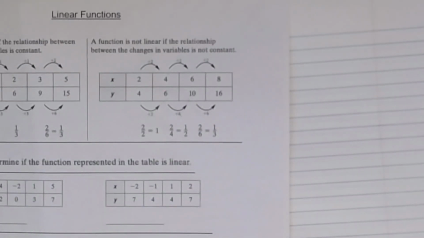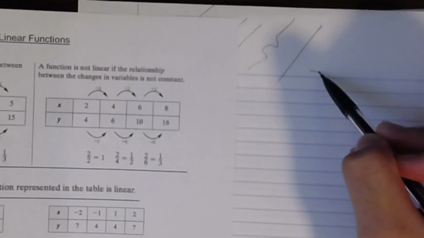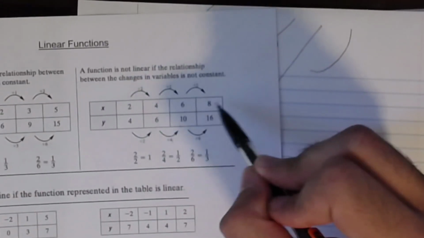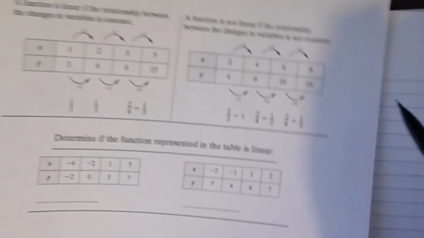It's actually getting bigger and bigger and faster. So this is not a linear function. It's going up faster and faster as you increase the value. That's basically what's happening here.